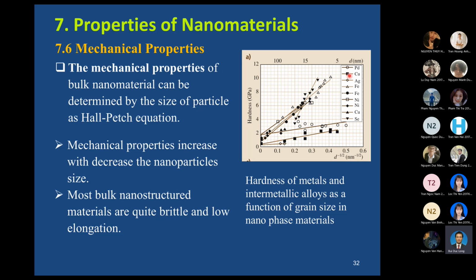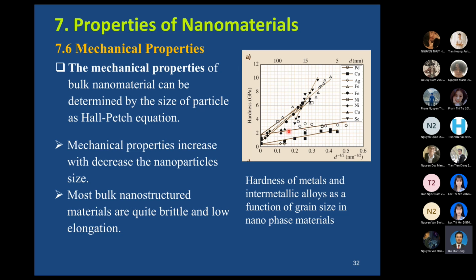For example, for copper, what is the microhardness of copper here? You can see the microhardness of copper is around 2 gigapascal, and the hardness increases when the particle size is reduced from 100 nanometer to 5 nanometer.